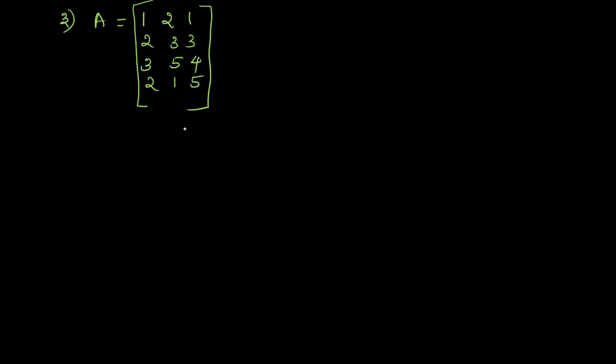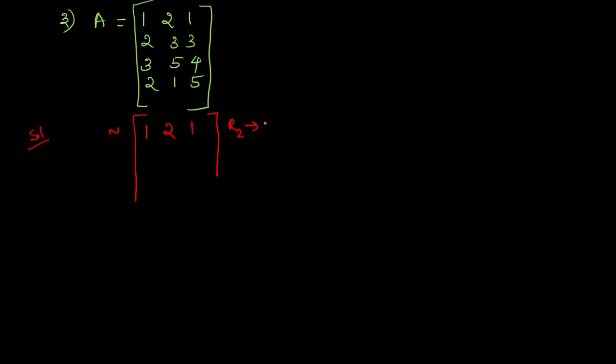Therefore, we can write the first row as it is. And we have to make all the elements below this one zeros. So use the row transformations.